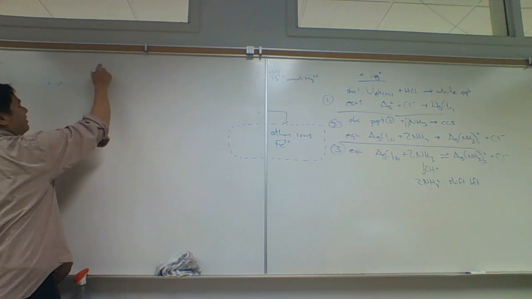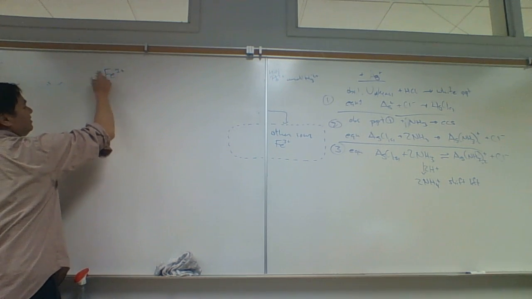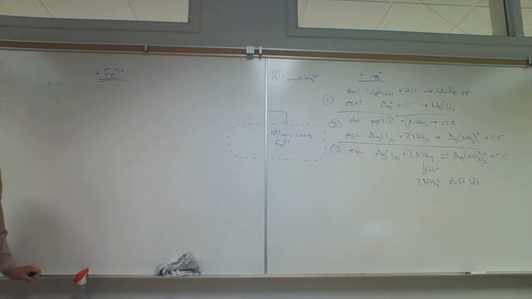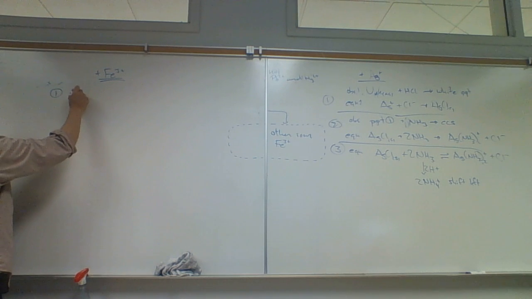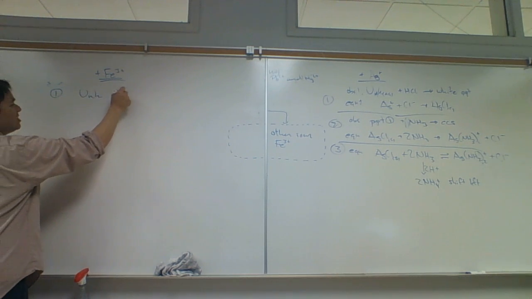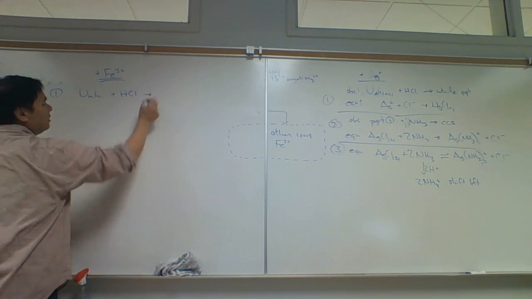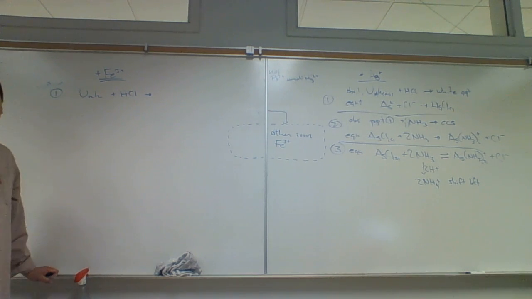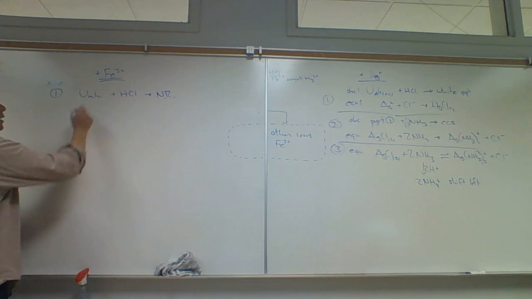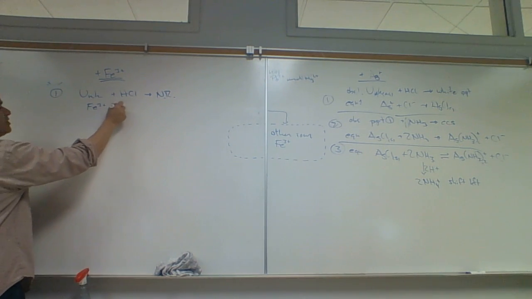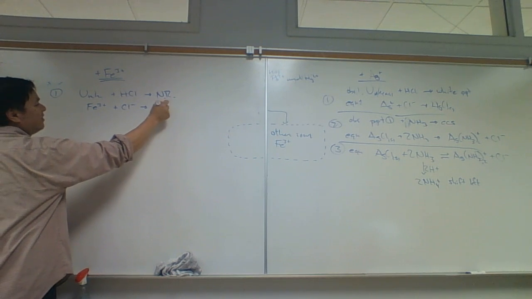And so the positive test for iron 3 in solution is going to look like this. The first step is we take the unknown and then add HCl. And for iron 3, we should get, does chloride react with iron 3? No. Does H plus react with iron 3? We should get no reaction here. And that is iron 3 plus chloride yields NR.